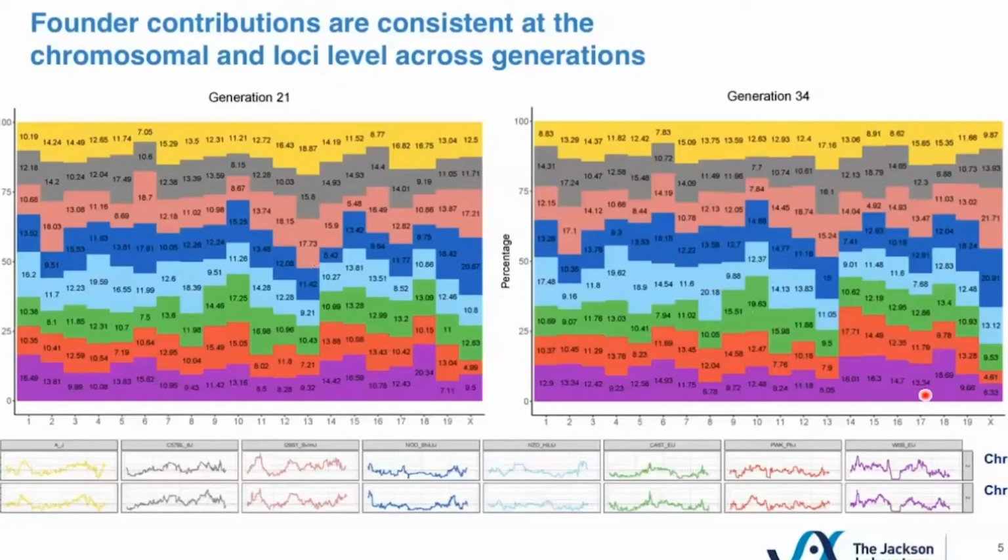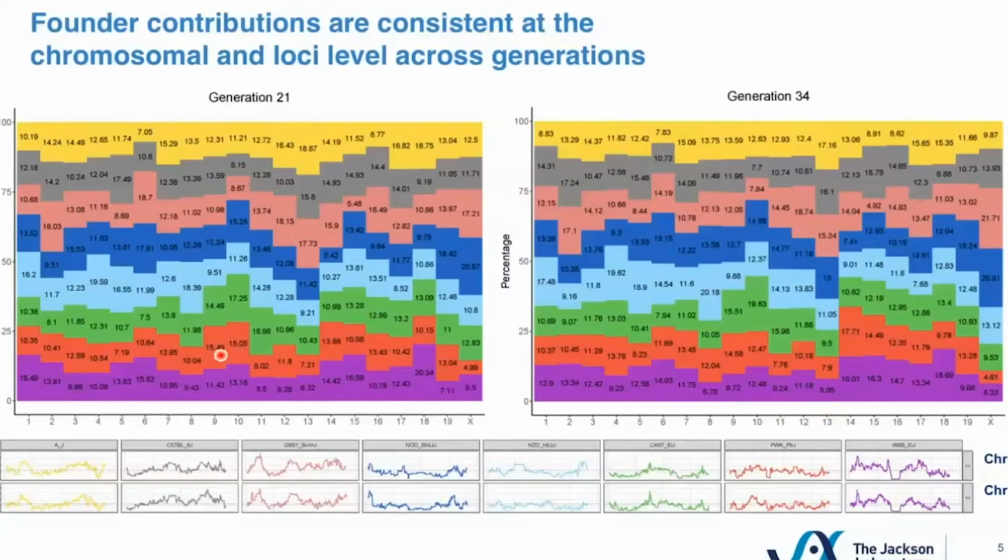There are some variations, minor fluctuations in percent contribution across each one of these chromosomes within this generation. But all in all, it's very consistent. Once again, we were really happy to see that the breeding strategies we've been using have been maintaining at least what we had since generation 21.